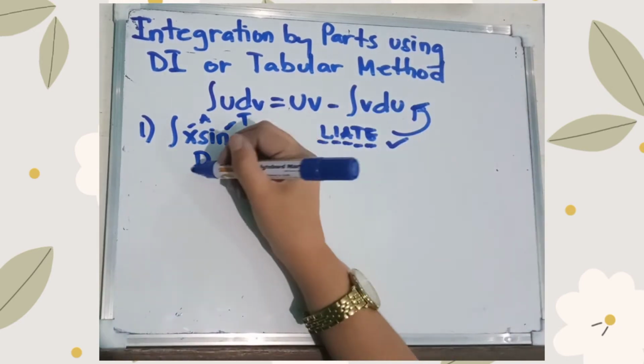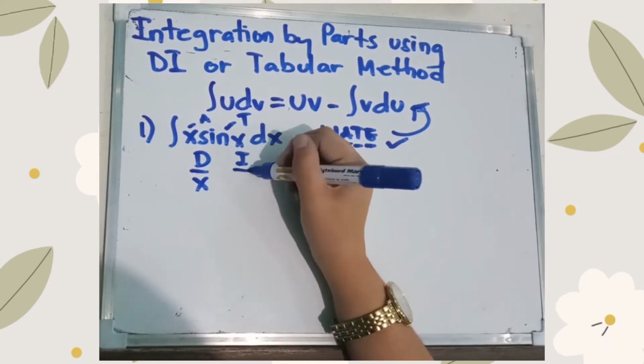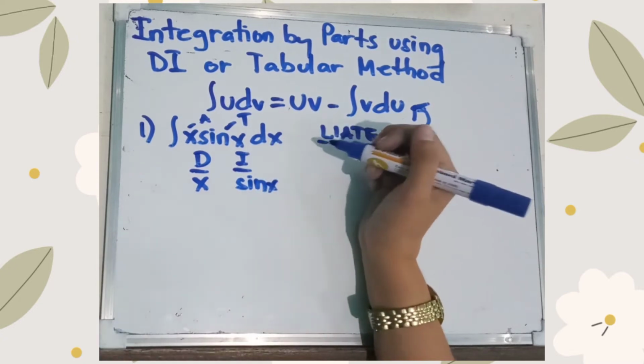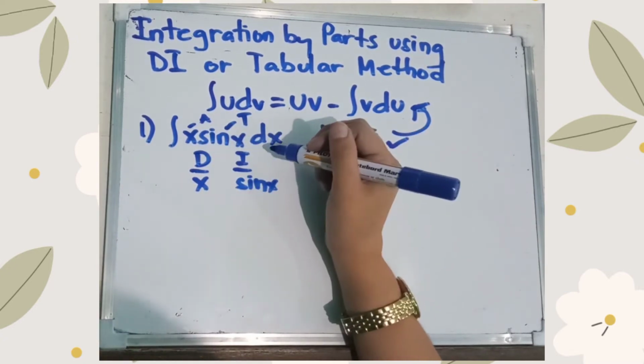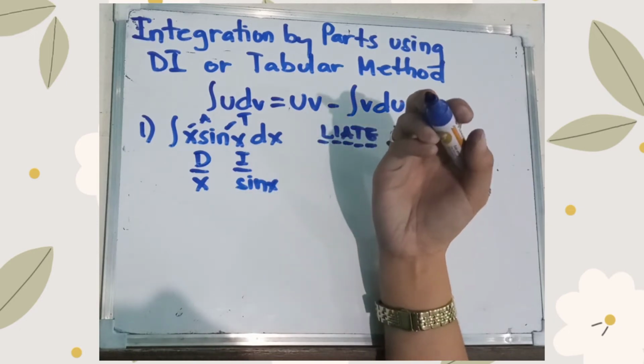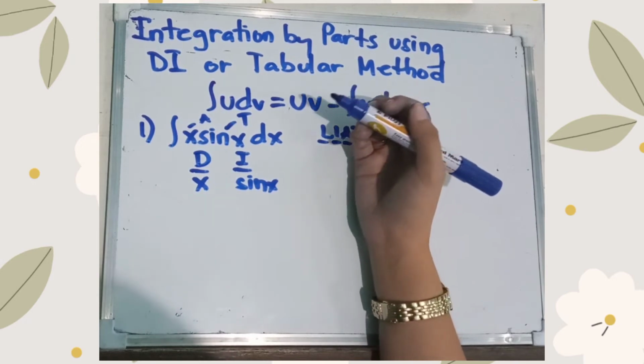So under the D column, we will have x. Under the I column, we will have sine x. D and I indicate whether we will look for the derivative or integrate that function.